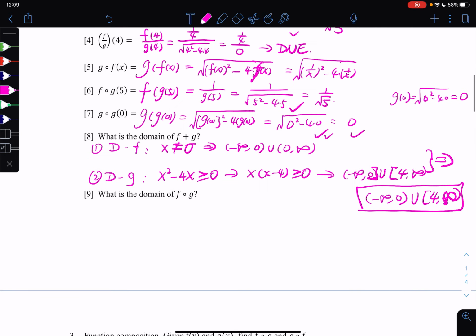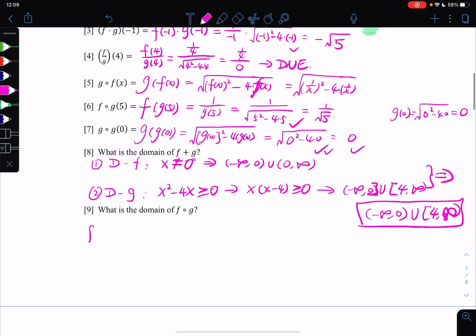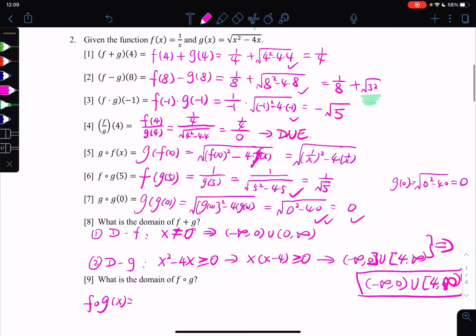The next problem, where you want to have two functions composite together, a naive way of doing it is to just put them together and discuss them. So what you have is f composite with g, which according to the definition is 1 over g of x, hence it's 1 over the square root of x squared minus 4x.